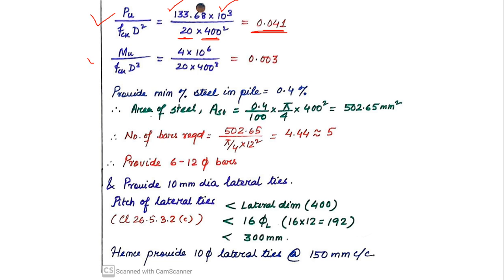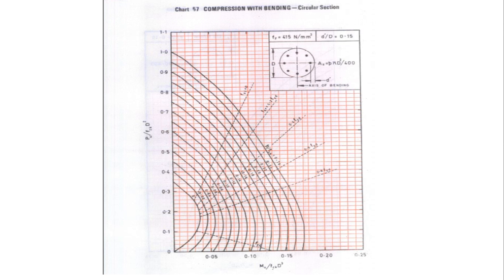Then I find Mu by fck D cube. Mu was 4. If I multiply this by 10 to the power 6, I get it in Newton millimeter. fck is 20 and again D is 400. This value gives me 0.003. Okay, so now let's look at the chart.